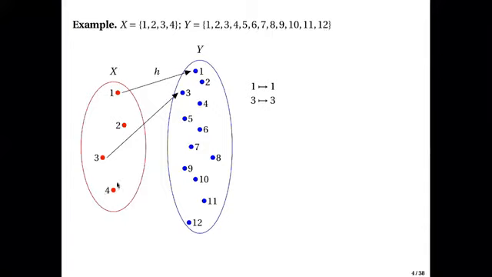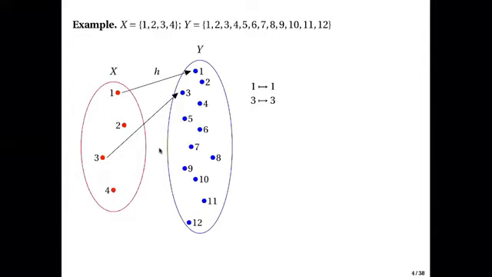So X contains 4 numbers, but in this relation, we are just defining 1 being mapped to 1 and 3 being mapped to 3. And the 2 and 4 from X are not being mapped to anybody.